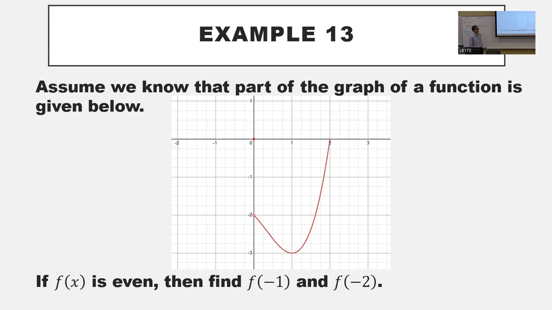Find f of -1 and f of -2. So what we would do is we'd start out by figuring out that f of 1 is -3, right? Based on the graph, it goes through the point 1, -3. And therefore, if f of x is even, then -1 also has to be sent to -3.